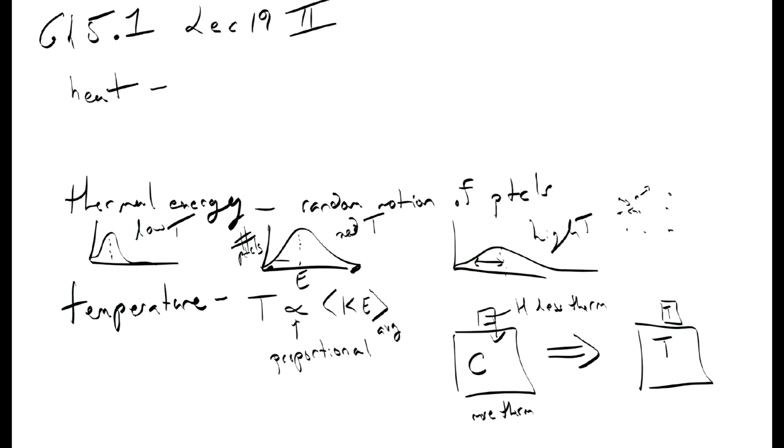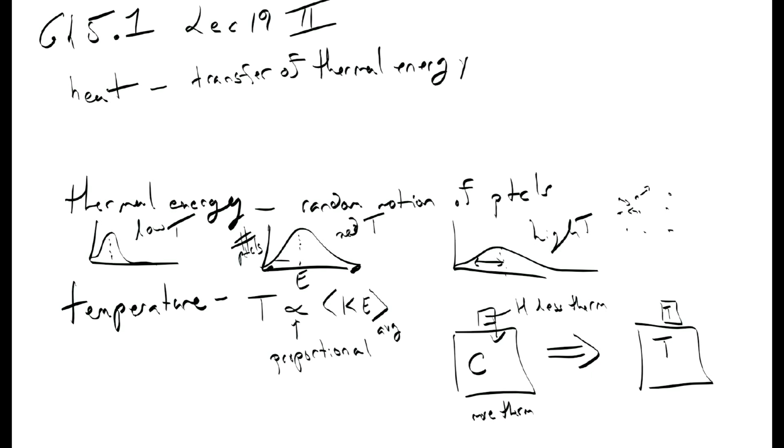So overall thermal energy, you can talk about that. And it is somewhat important, because now we talk about heat. Heat is the transfer of thermal energy. Anytime thermal energy moves between two objects, you're talking about heat.